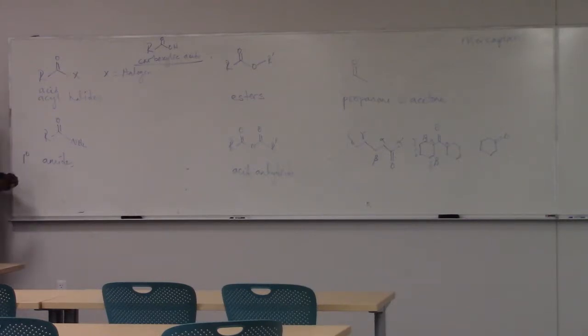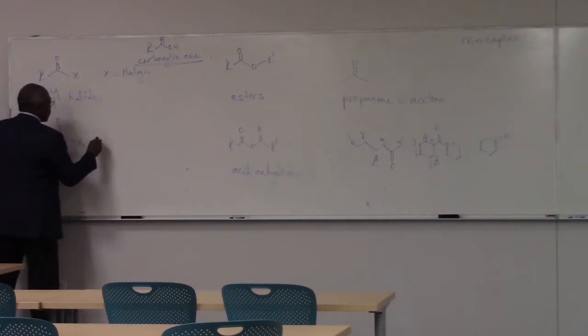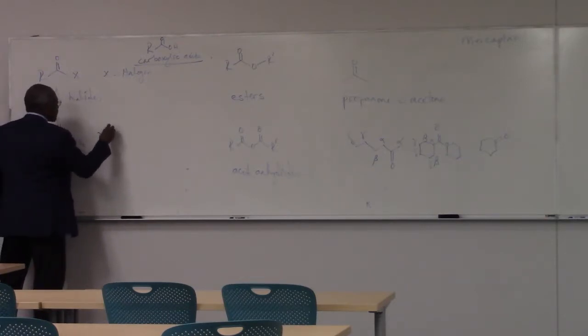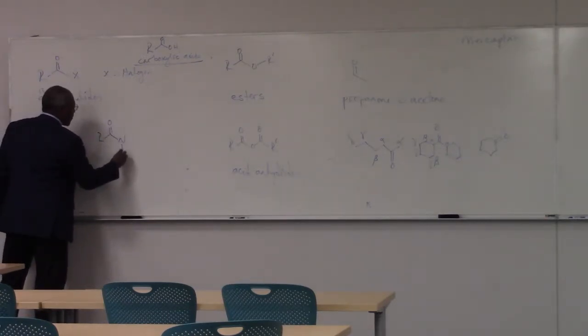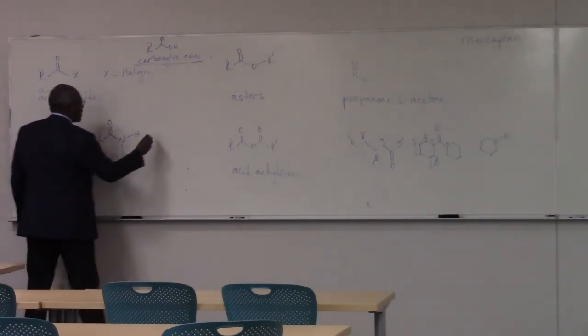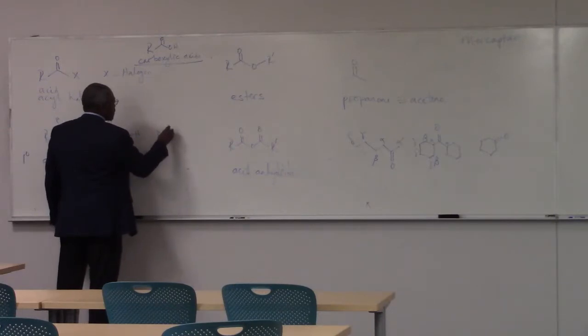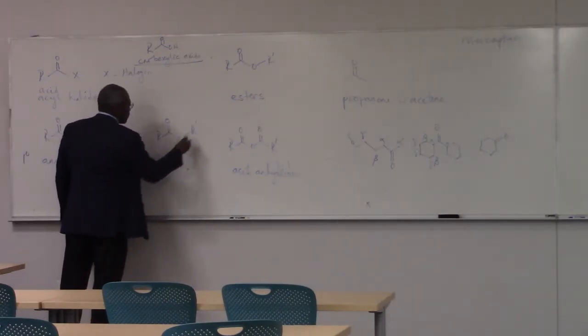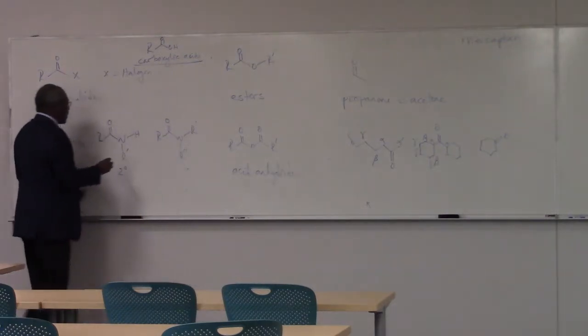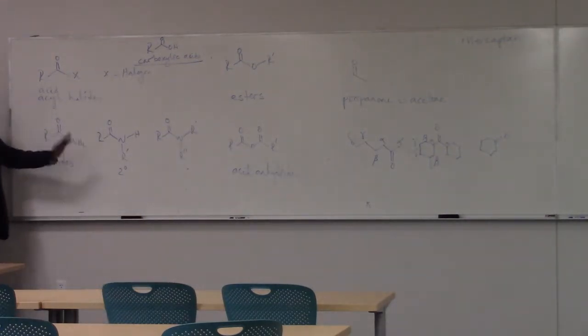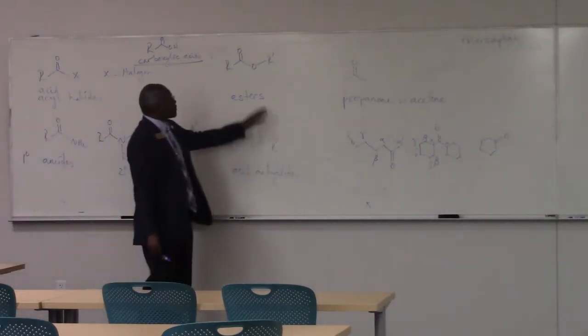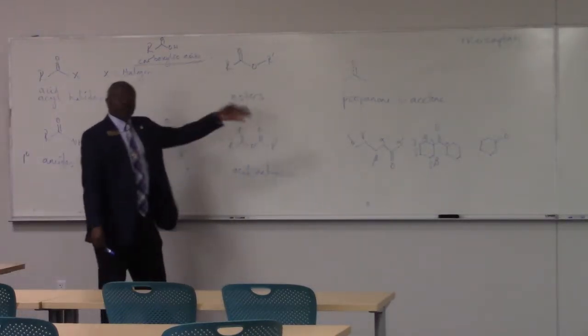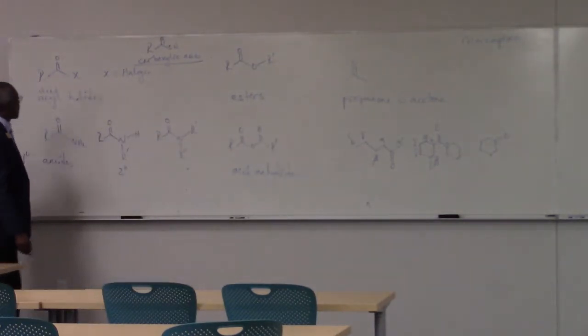These are primary amides, which are different from secondary amides, and these are different from tertiary amides. I'm going to put prime and double prime in these because the R groups may or may not be the same. Same thing with the esters and the anhydrides. The R groups could or could not be the same.